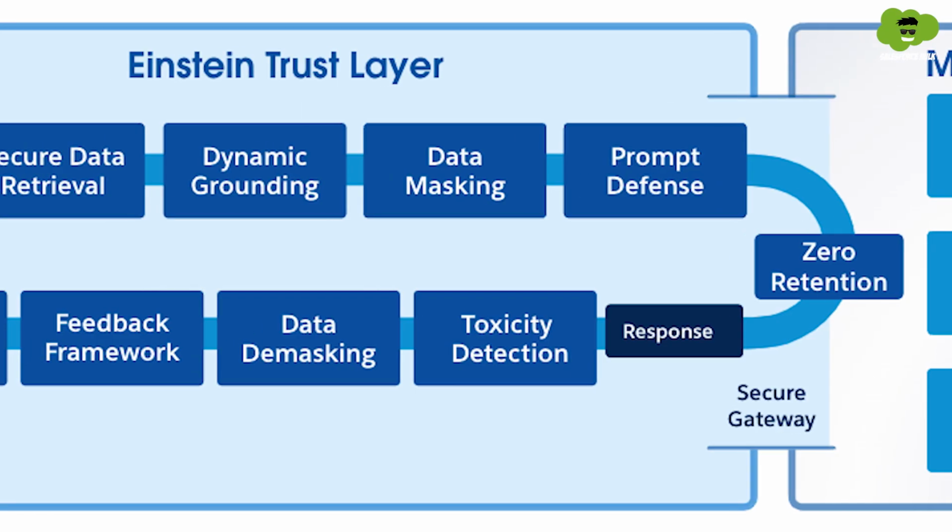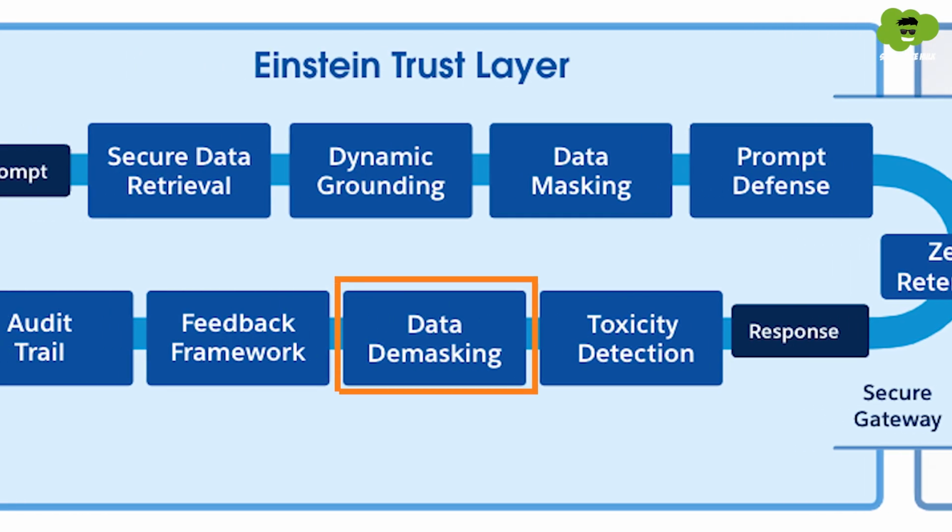An overall safety score is assigned, and if any category is flagged, the system can warn the user or block the response. This second layer of filtering catches any inappropriate content the model might have produced despite the careful prompting. Next, data demasking restores the original values in the response. All placeholder tokens are replaced back with the true PII that was masked earlier.